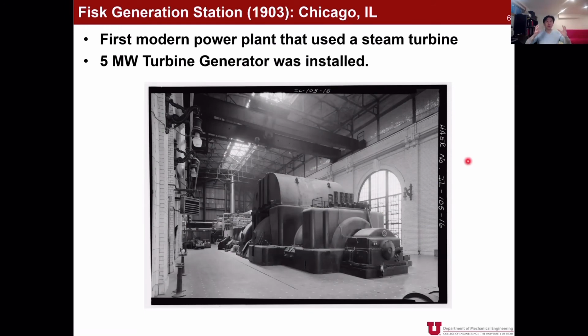And then also people thought about using that steam power plant or steam cycle for power generation. The Fisk generation station was built in 1903 in Chicago, Illinois. That was the first modern power plant that used a steam turbine. This power plant used a 5 megawatt turbine generator.